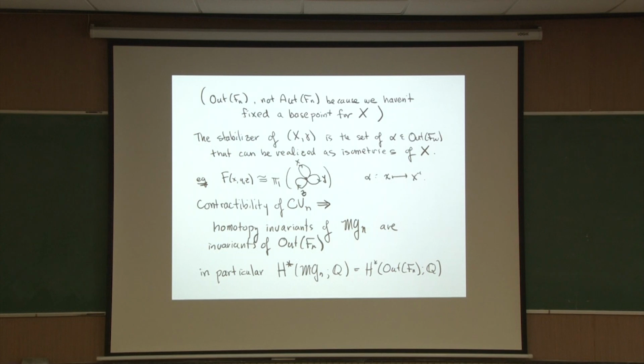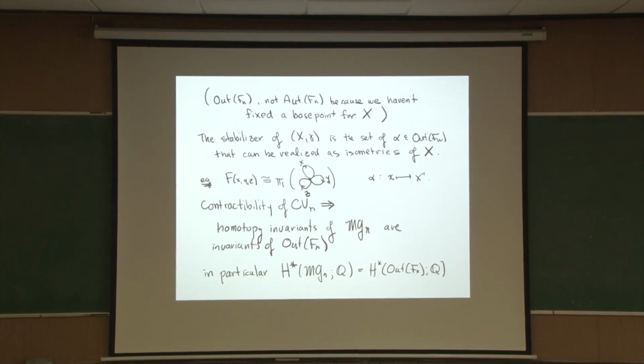And if I look at the automorphism that changes x to x inverse, what does it do? I can realize that on this graph. It just flips the x loop. That gives me the same graph, the same point.